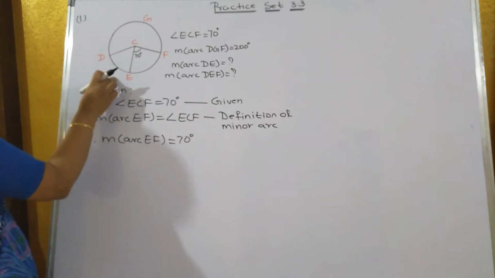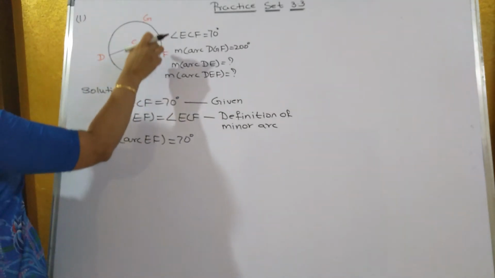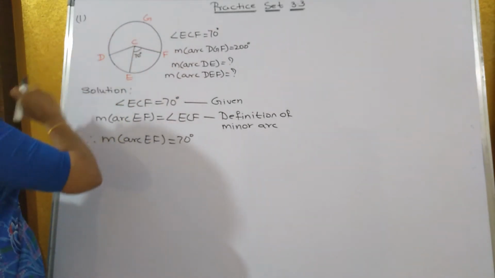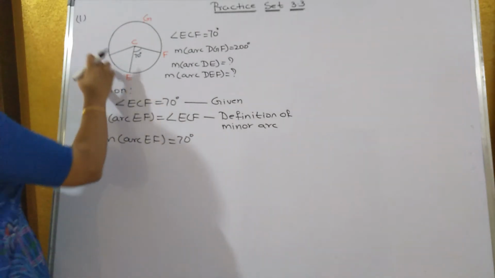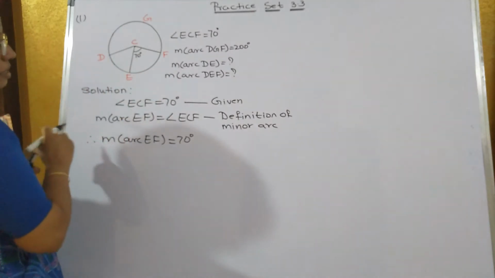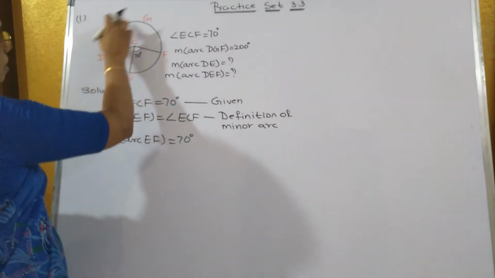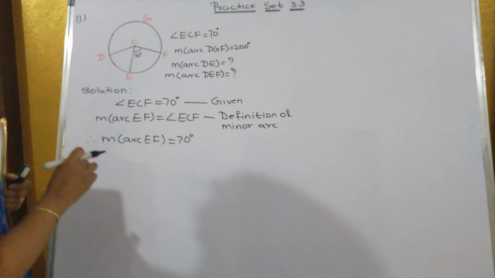Now we have to find out DE. So DE plus EF plus DGF all together is equal to how much? 360 degrees. Why? ये सब आर्क मिला के कितना है? 360 degrees. क्यों? क्योंकि measure of a circle is how much? 360 degrees.